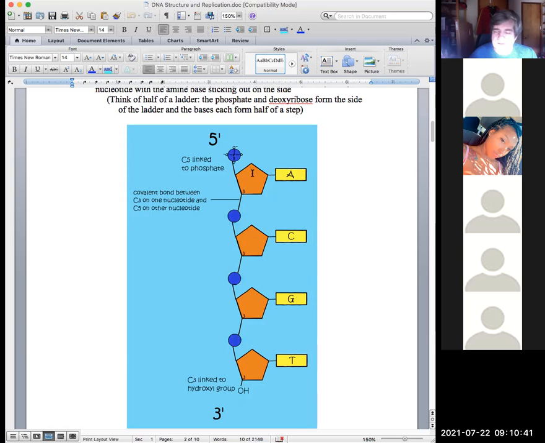Now, if you think about this, it kind of looks like half of a ladder. The side of the ladder, what's called the riser, is the sugars and the phosphate groups. And then we have half of a step, which is this nitrogenous base sticking out in the middle. This is important because when we look at the DNA in your nucleus, we don't see DNA in this form.